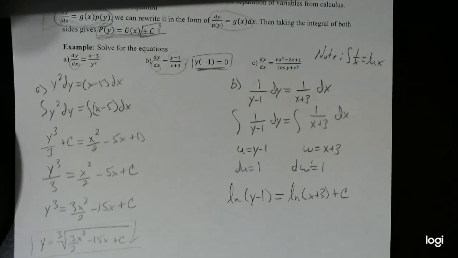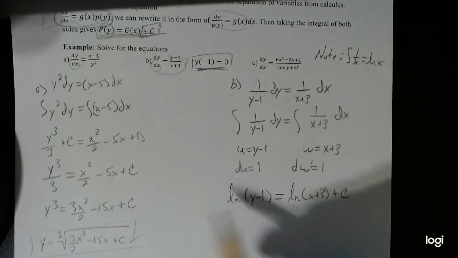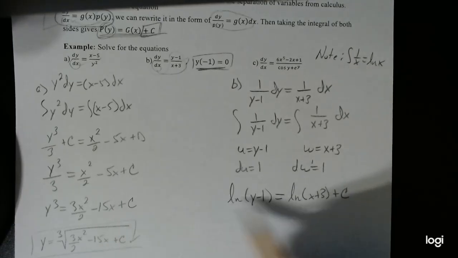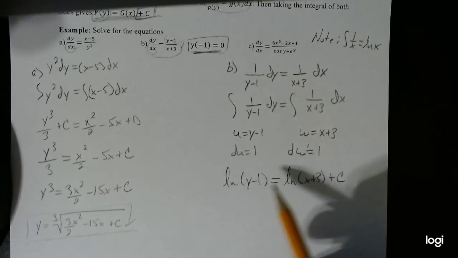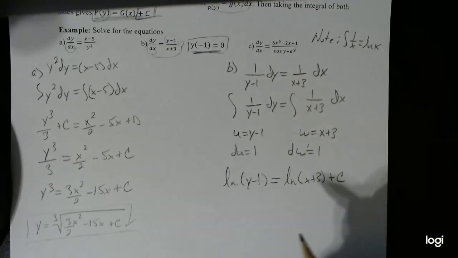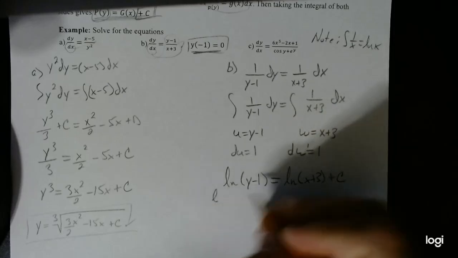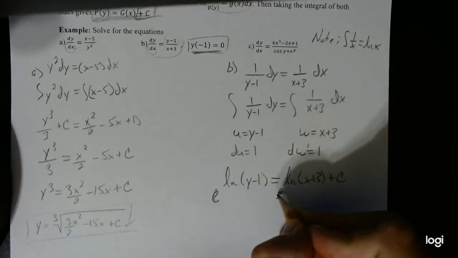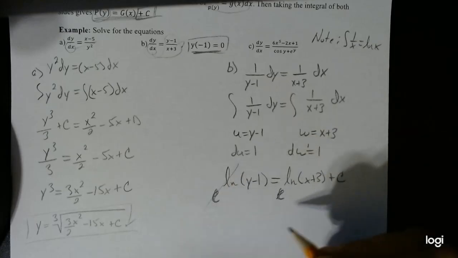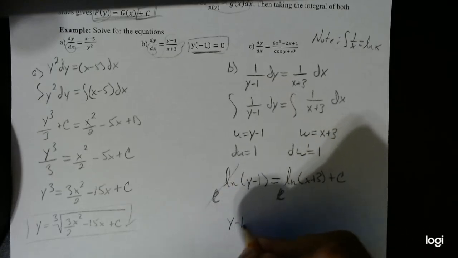Now we do what we did here, solving for y. Going back to a little bit of pre-calculus, to get rid of the ln's, we just take it to the e power. The e and ln cancel, so we just get y minus 1 on this side.